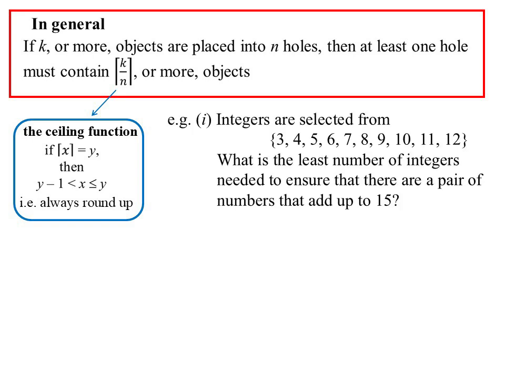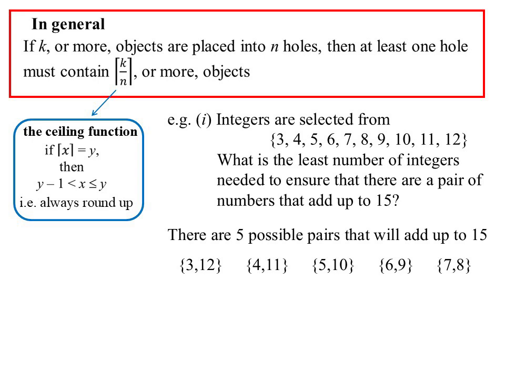We've got a set of integers going from 3 to 12, and we're going to pick some of these integers. What's the least number of integers I could pick from that set to ensure that I get a pair of numbers that adds up to 15? Well, if I look through that set, there actually are 5 possible pairs that would add up to 15. There they are.